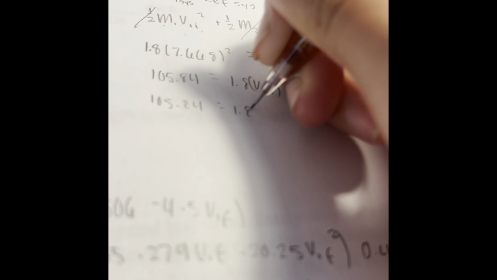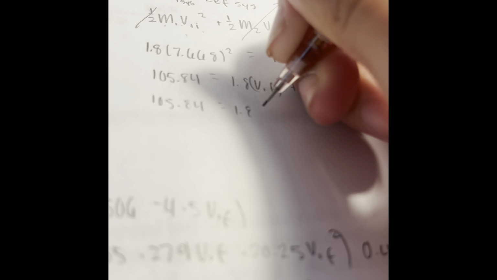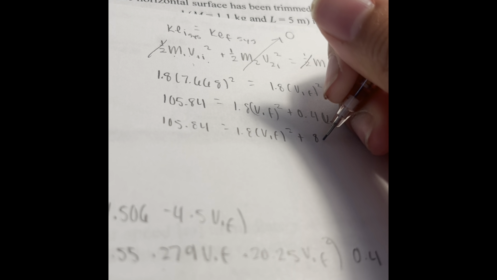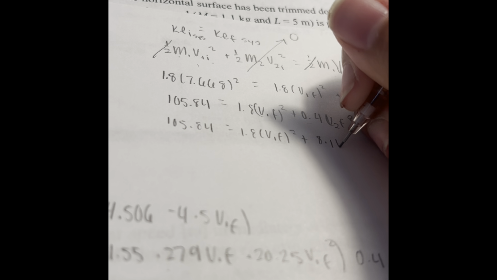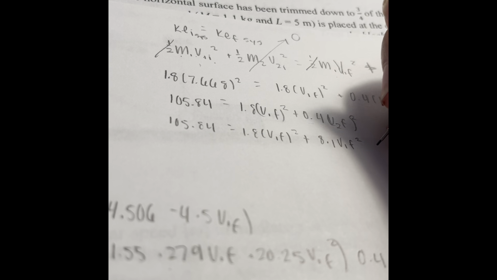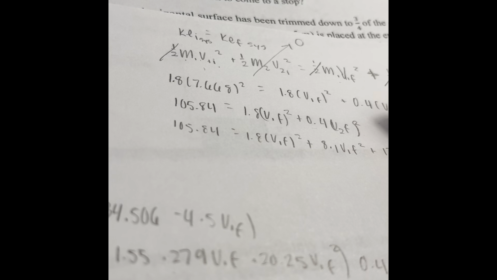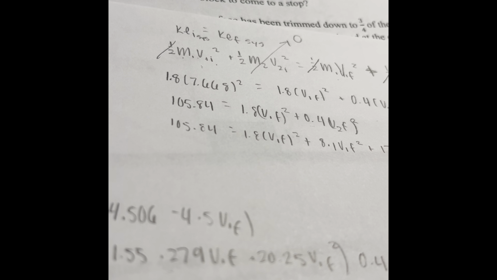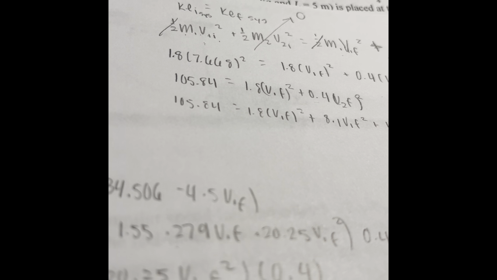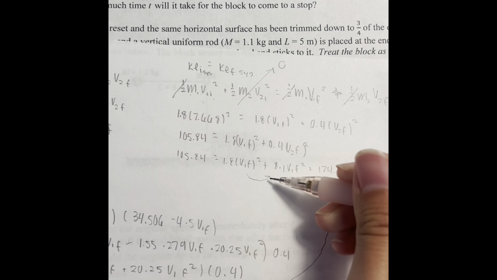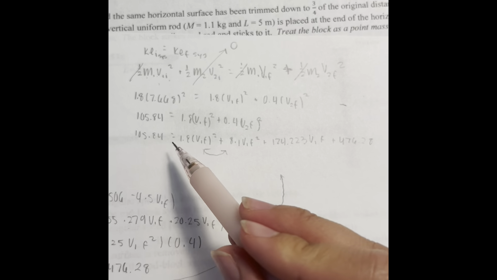So 105.84 is equal to 1.8 v1f squared plus 8.1 v1f squared plus 124.223 v1f plus 476.28. And next I'm going to combine these two like terms and then move this over.